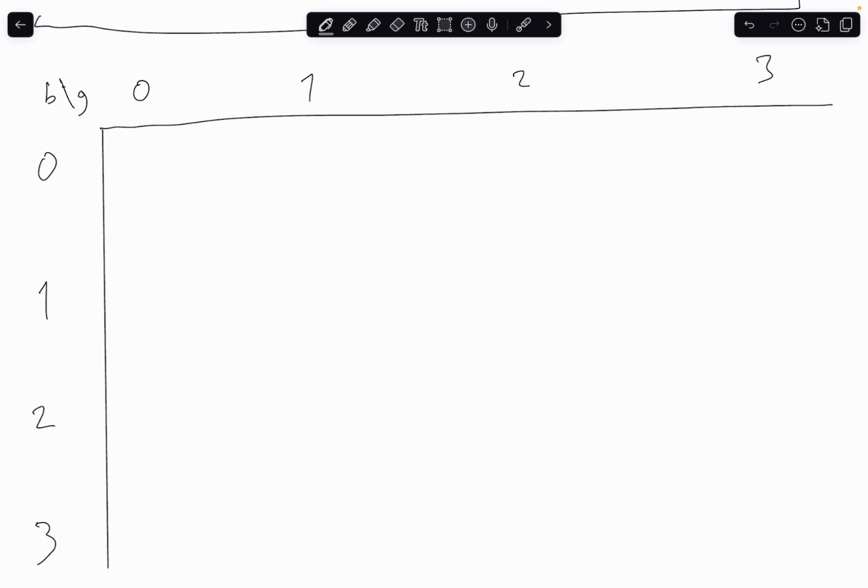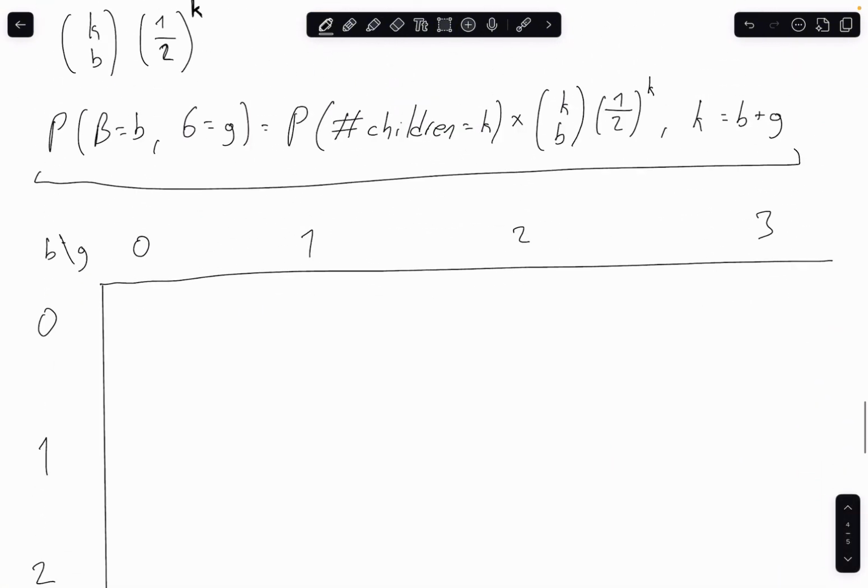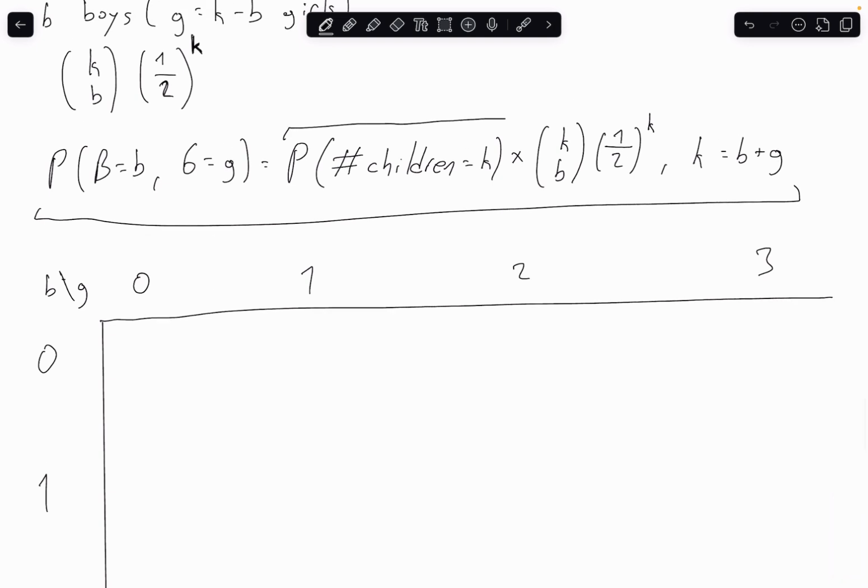So, as stated in the question, let's check it again. It says 15% of families in a certain community have no children. Okay, so this term is 0.15 in here.